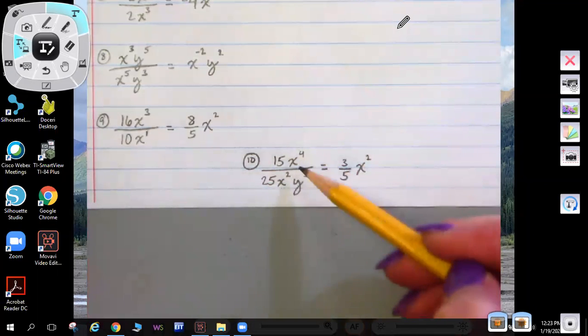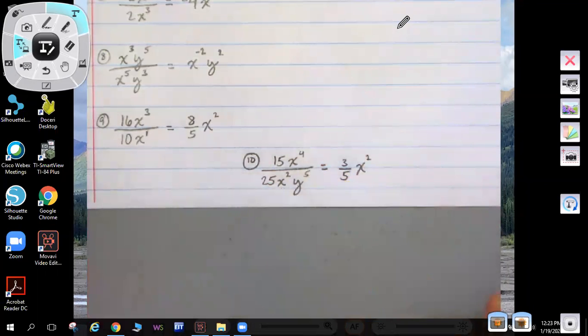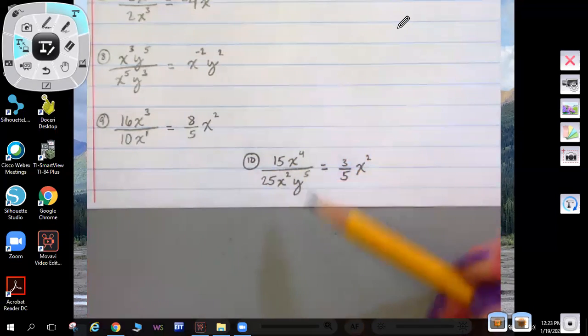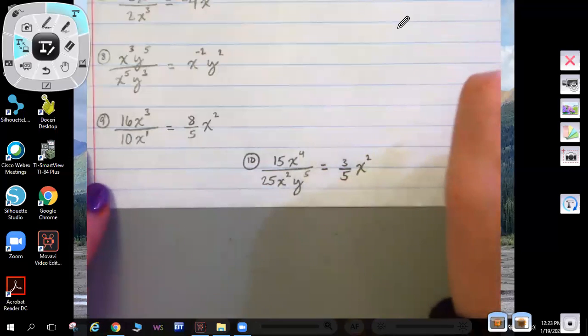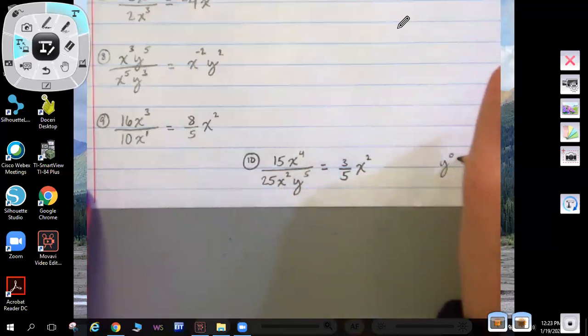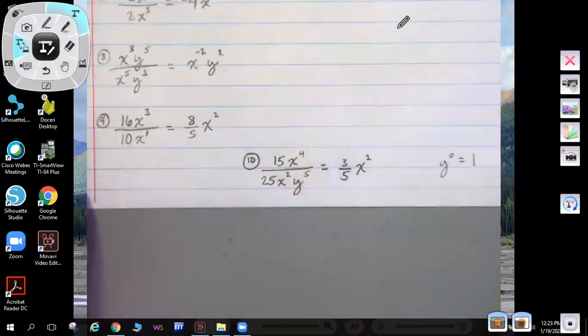Now our y terms, we don't have a y in the numerator. So the way that you can think about it, what is y to the 0 power? It's 1. Anything to the 0 power is 1.